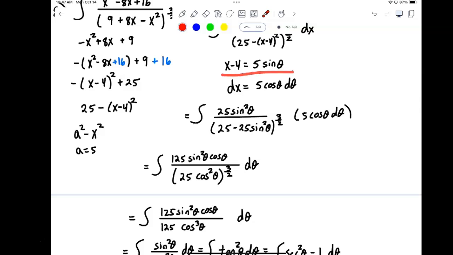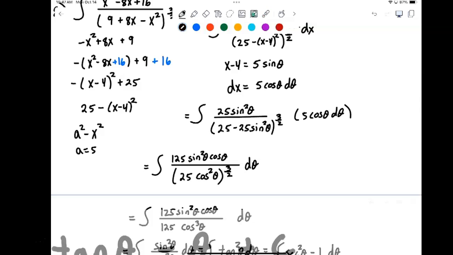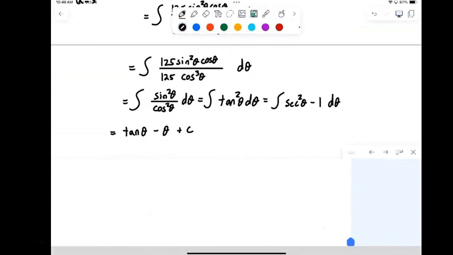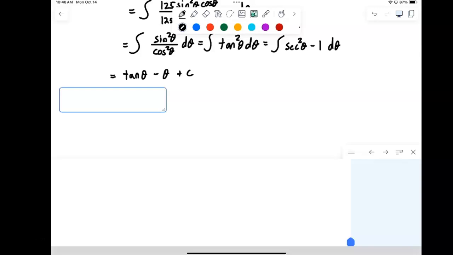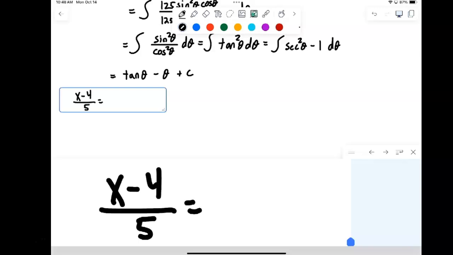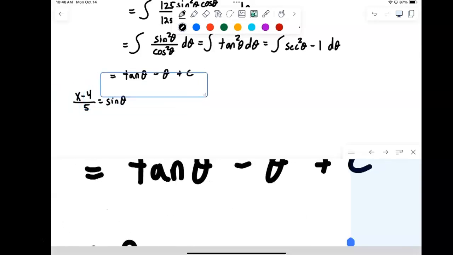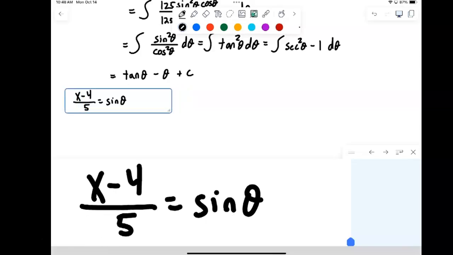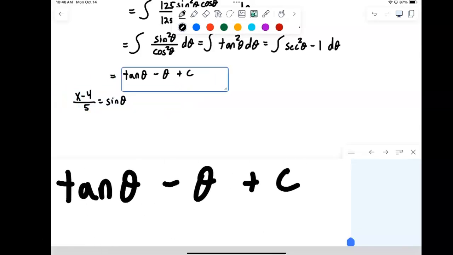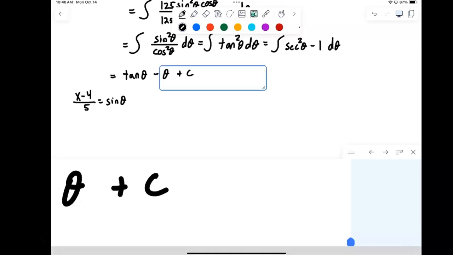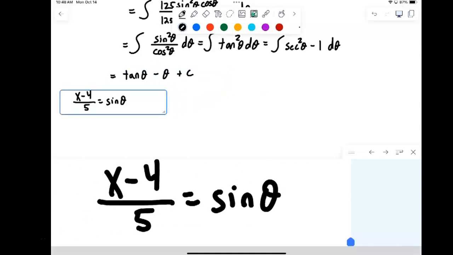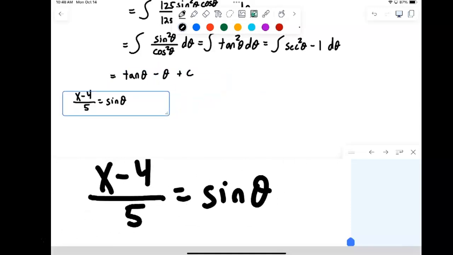And we solve that for sine of theta. x minus 4 divided by 5 will be equal to sine theta. And now we can go in and start to draw the triangle so we can compute tangent theta. Of course, the theta will just become inverse or arc sine of that stuff.